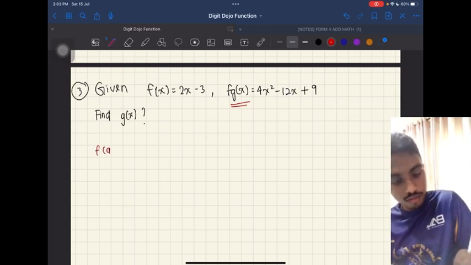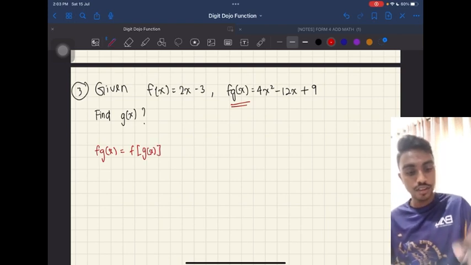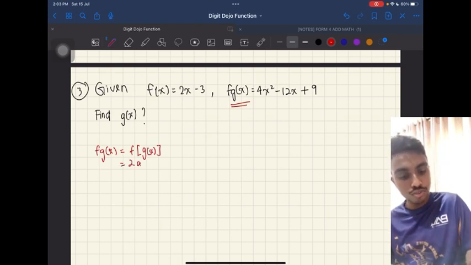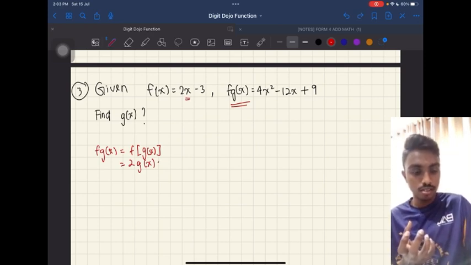So imagine I'm not having the fg(x) now. fg(x) is supposed to be, substitute your g(x) in f(x), which is 2g(x). The place where x is will be substituted by g(x): 2g(x) minus 3.